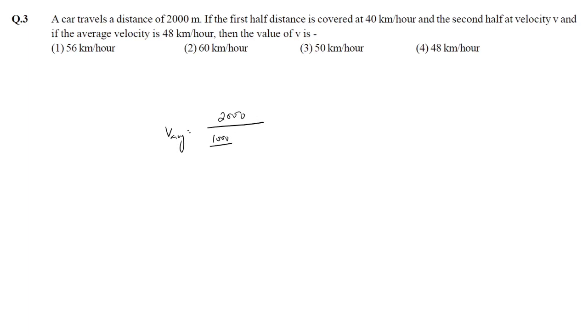Time again we can write as distance covered, half of the distance with the speeds v1 and v2. v1 is 40, v2 is v, and this value is also given, children, that is 48. So 48 is equal to 2000 divided by 1000 times 1 by 40 plus 1 by v, so this one will get cancelled. Simplifying this, we will get v as 60.